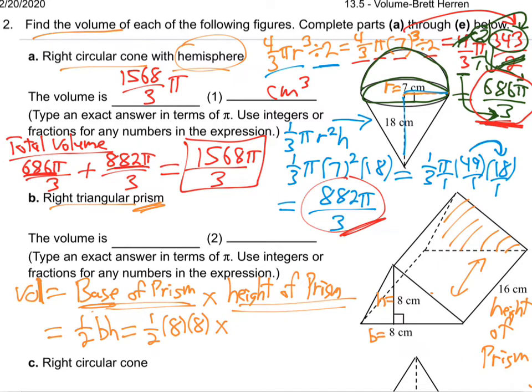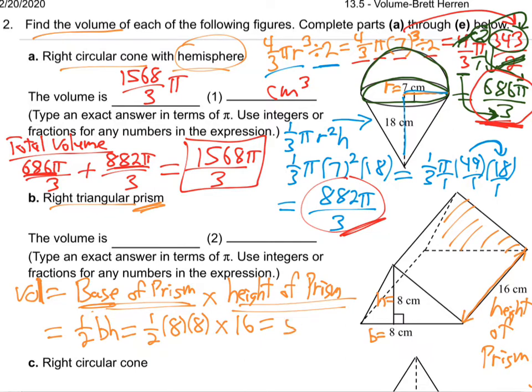Right here, this 16 is the height of the prism because it goes straight between the two bases. They've just laid this one down. So the base in a prism is always what there's two of. There's two triangles here. So the height is what goes in a straight line at 90 degrees between the two bases. That is the 16. So do that on your calculator.